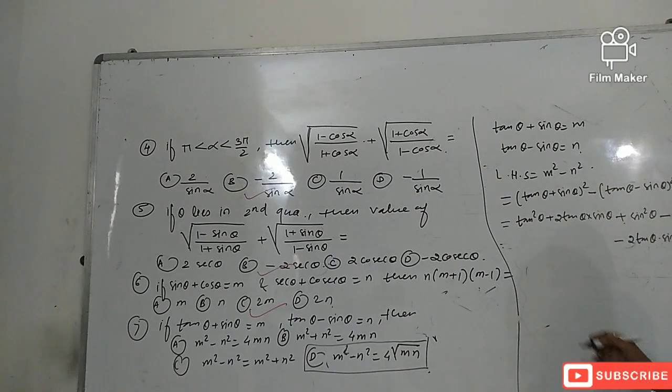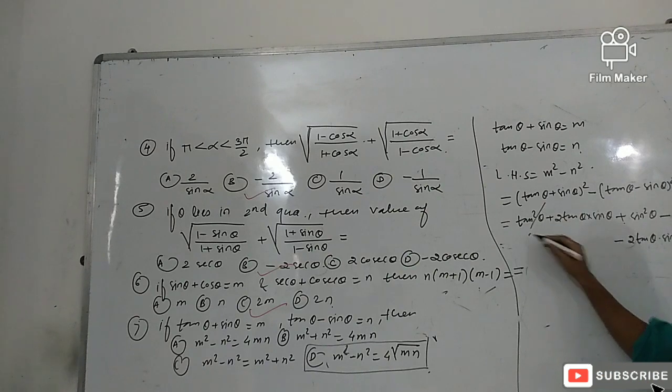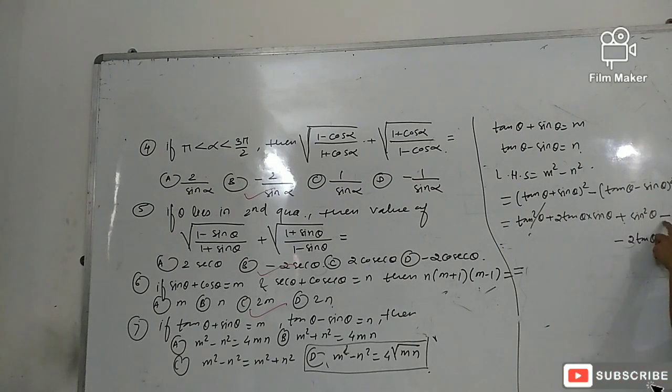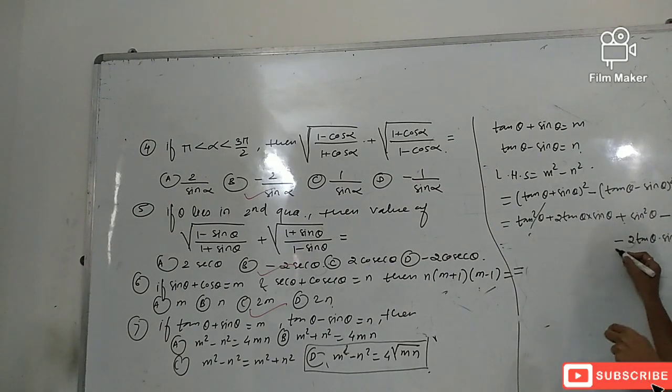Now see which terms get cancelled. This tan square theta and this minus tan square theta get cancelled. Then this is 2 tan theta into sin theta, and after multiplying with the minus, minus minus becomes plus, so it is also 2 tan theta into sin theta.